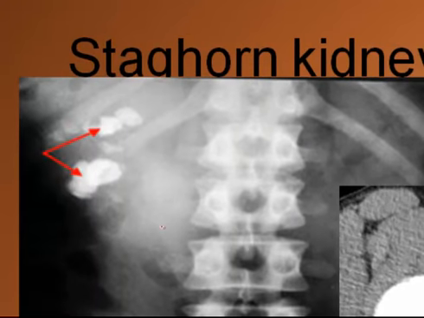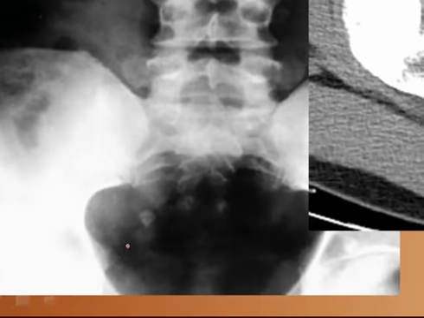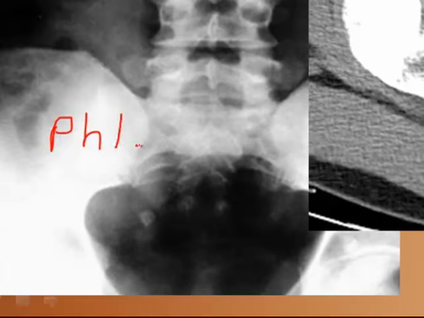Now, it's not to say that there can't be stones further down, but one of the things I want to call your attention to is when you look at the pelvis, do not think that every calcific deposit that you see is a stone. A lot of them are calcified veins, or what we call phleboliths. Let's see if I can spell that here. P-H-L-E-B-O. That's the vein start.